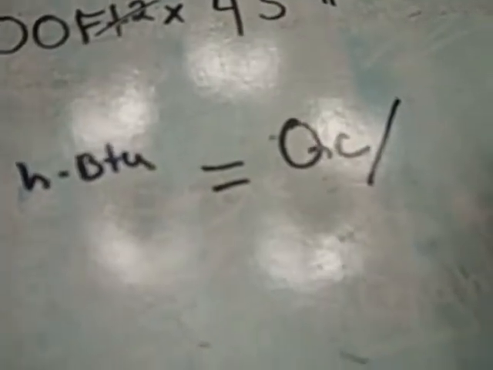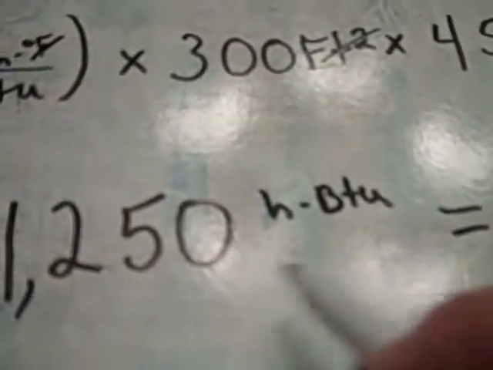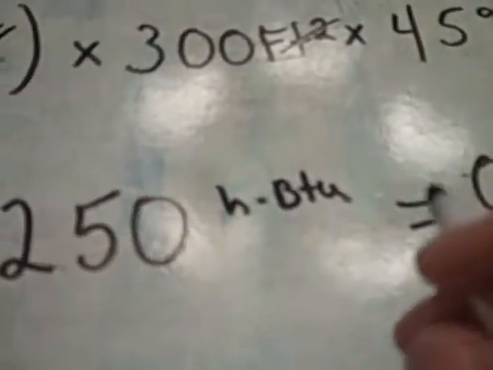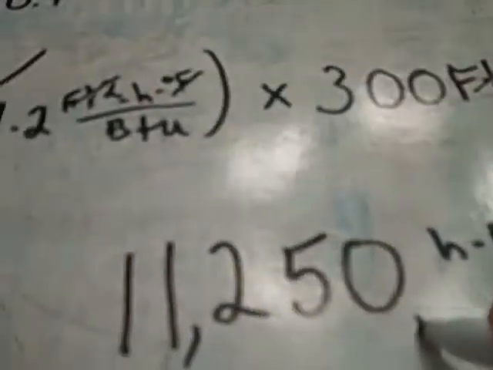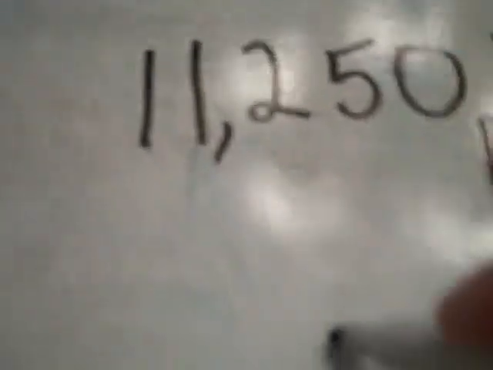And now I have a set of times. So right now this is every hour. I'm losing this many BTUs through my energy. But I want to know for 48 hours. So I have 48 on this side in hours, and I have to move it to this side of my equation. So I'm going to do 11,250 BTUs per hour times that by 48 hours.